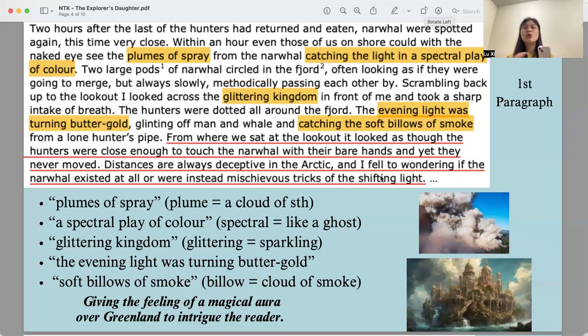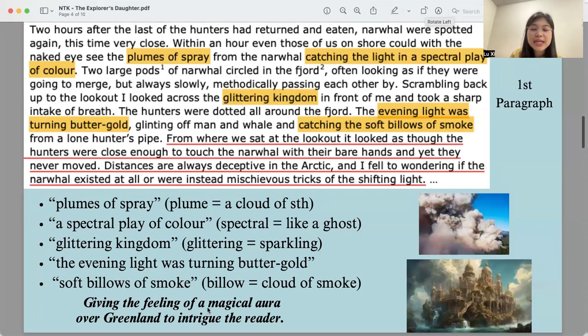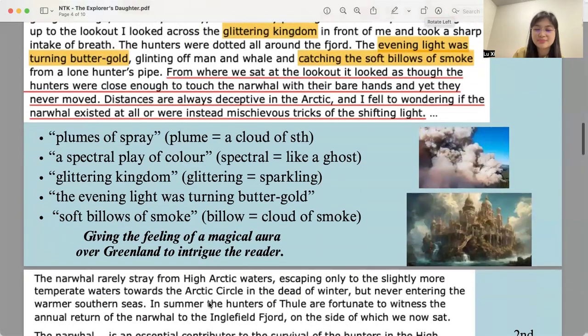It's like you're watching a horror movie, right? So here the author is trying to describe this scene by making it very creepy in a way that's almost indescribable. The author gives the feeling of a magical aura. Aura means atmosphere over Greenland, to intrigue the reader.